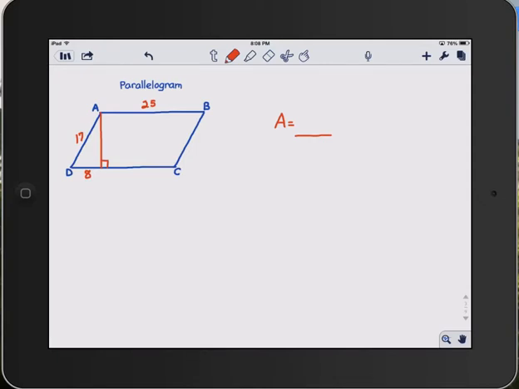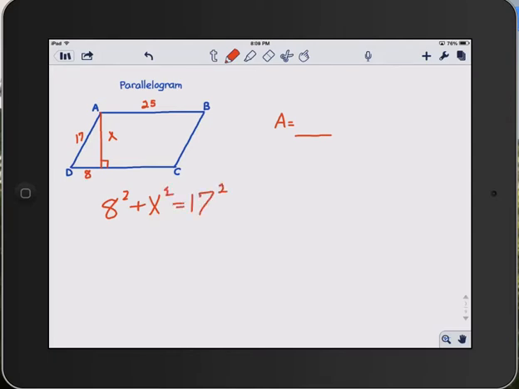In this case, we have to find the height, length of the red segment, based on the Pythagorean theorem for the triangle on the left, the right triangle over here. So completing that, if we call the height x for now, we have 8 squared plus x squared equals 17 squared.